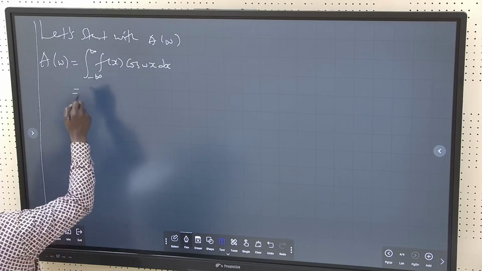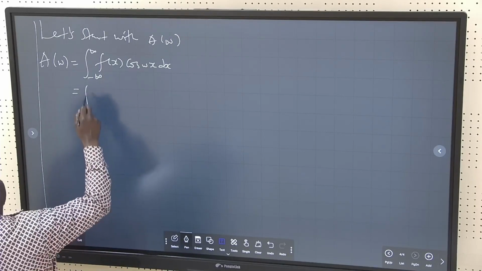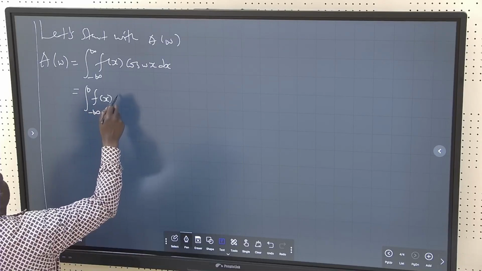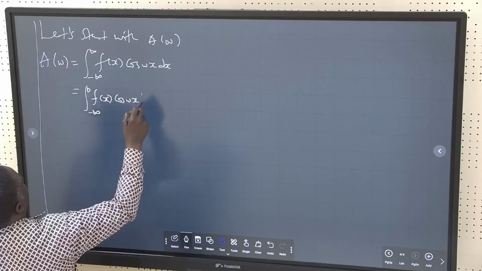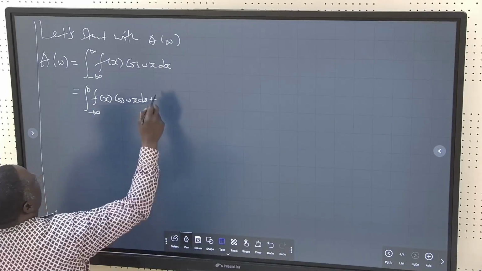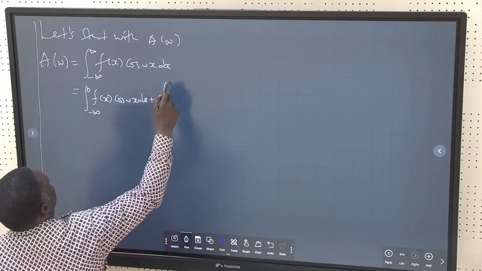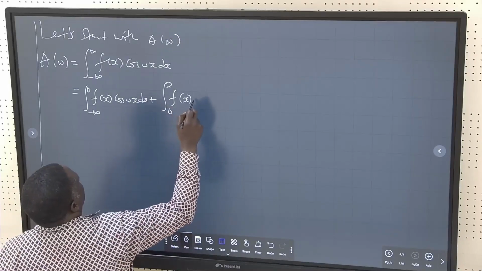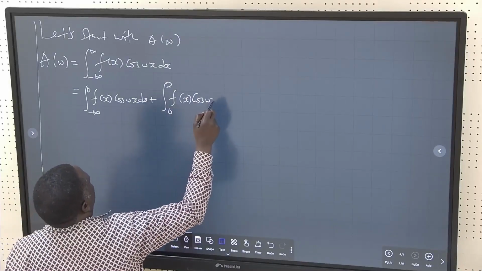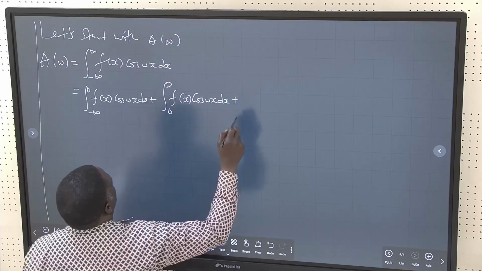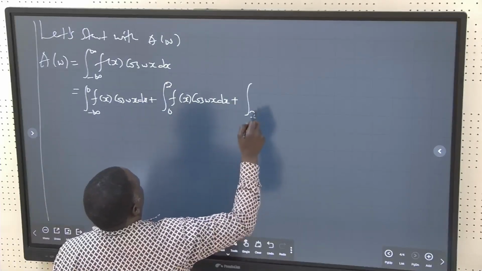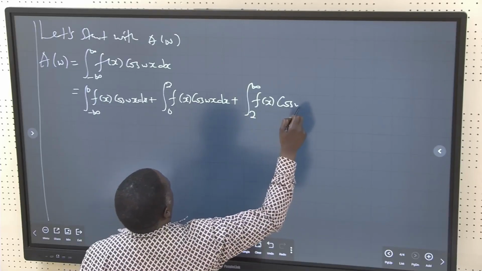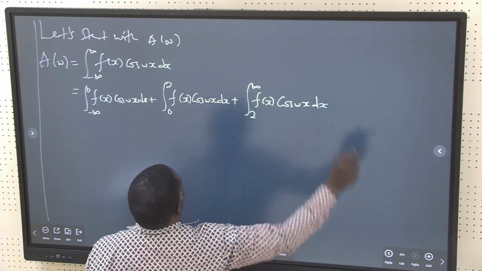This one equals the integral from negative infinity to 0 of f of x cosine omega x with respect to x, plus the integral from 0 to 2 of f of x cosine omega x with respect to x, plus the integral from 2 to positive infinity of f of x cosine omega x with respect to x.